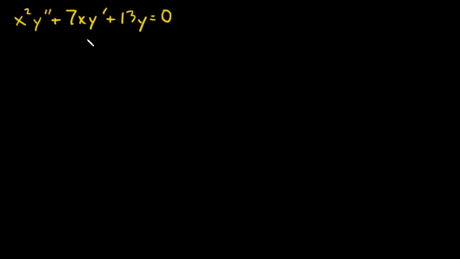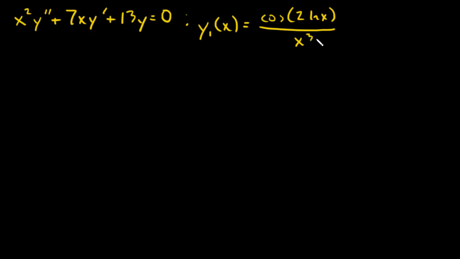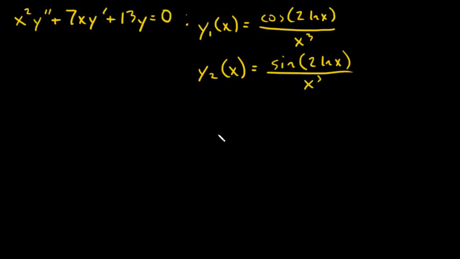Okay, and I have the following solutions. y1 of x equals cosine of 2 times the natural log of x over x cubed, and y2 of x, the second solution, is sine of 2 times the natural log of x over x cubed.